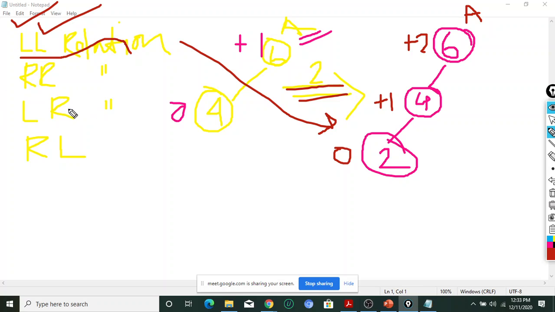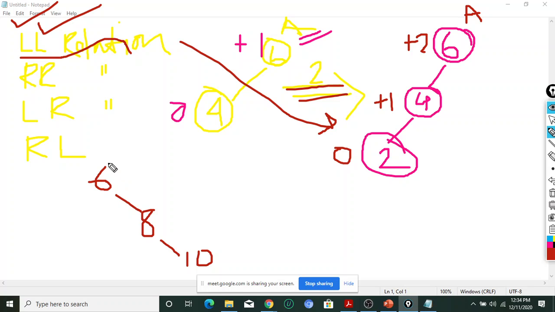I will come later to understand the meaning. I am just inserting, for example, RR. If I consider the RR, so RR means I want to insert. I will discuss later. Right now, try to understand. For example, if I consider this is my 6, this is my 8, and then if I want to insert any node, for example 10, we can consider this one as RR.